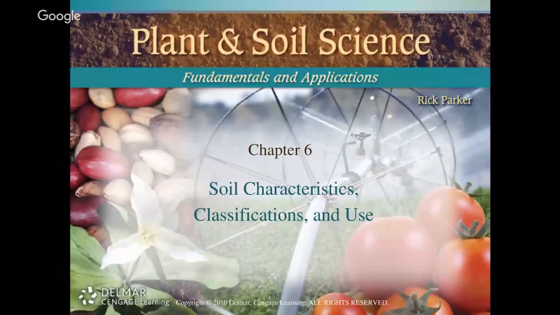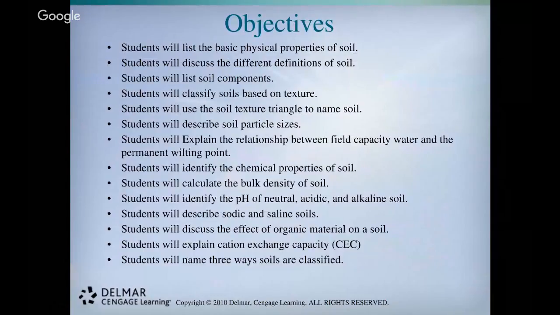Okay, our next chapter here is called Soil Characteristics, Classification, and Use. So the big part we're going to be focusing on today is a characteristic of soil. There's physical characteristics and chemical characteristics. I'm going to focus on a couple of them today. You're going to be able to list some of the basic physical characteristics or properties of soil, also discuss some of the different definitions of soil.